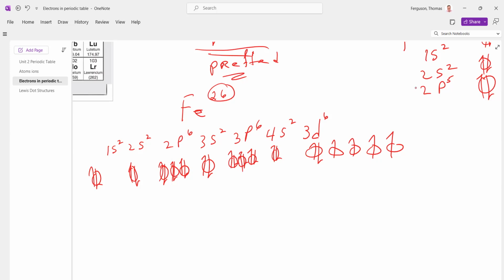Lose this electron here, and that'll make it a full subshell. So that's why you find iron in nature as an ion. It's called rust. Now you can convert rust to metallic metal by applying that electron again. Okay.